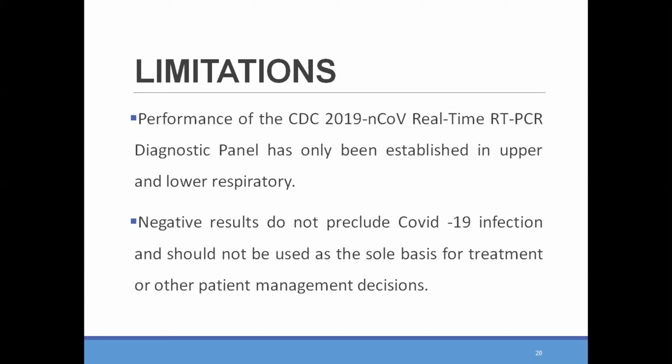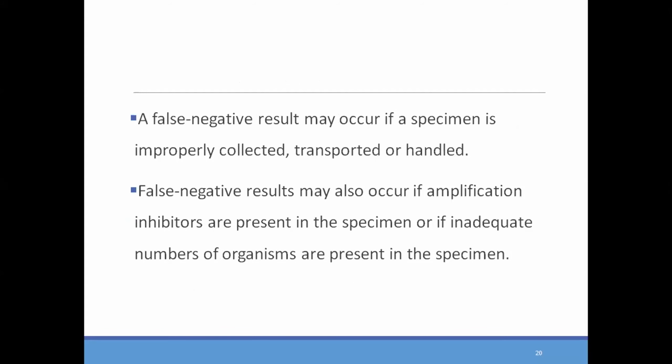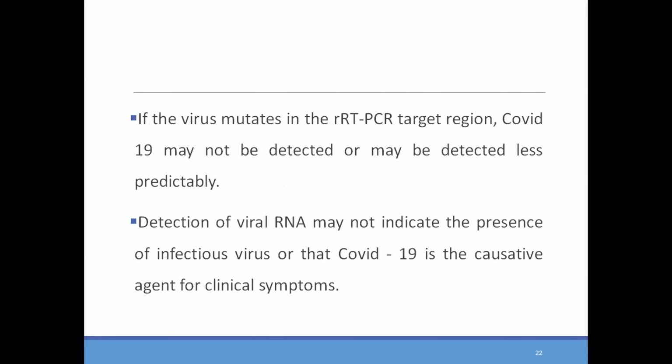Even though you get negative results, that doesn't mean it's completely negative. Then false negative results may occur if a specimen is improperly collected, transported or handled. And again, false negative results may occur if amplification inhibitors are present in the specimen.